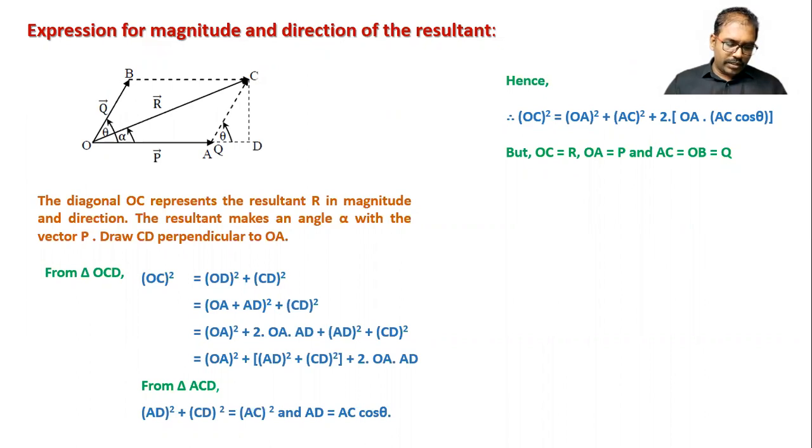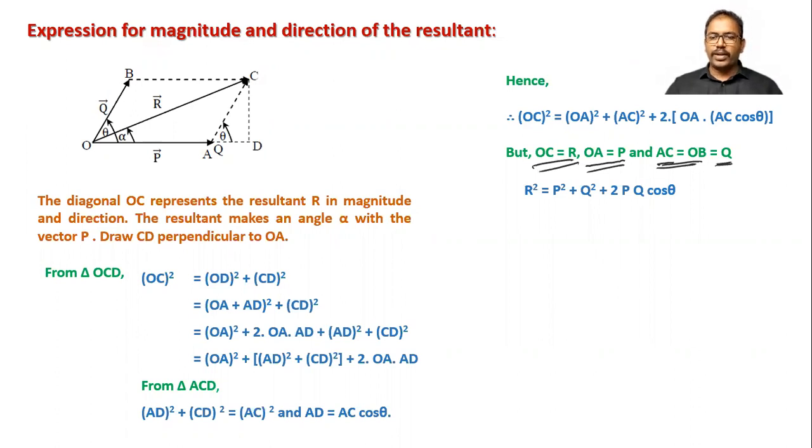After substituting OC as R, OA as P, and AC equal to OB, which is equal to Q, we get R square is equal to P square plus Q square plus 2PQ cos theta. So this equation we get.